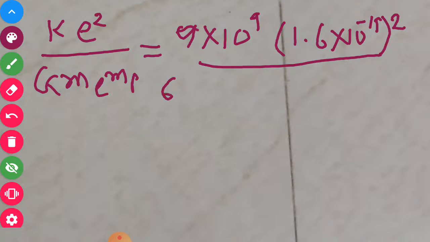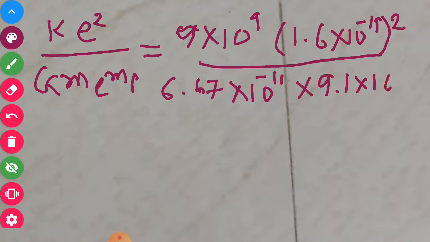G is 6.67 into 10 to the power minus 11, multiplied by the mass of electron. Mass of electron is 9.1 into 10 to the power minus 31, multiplied by the mass of proton, which is 1.67 into 10 to the power minus 27.